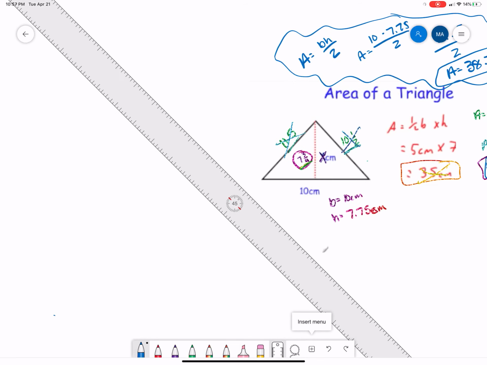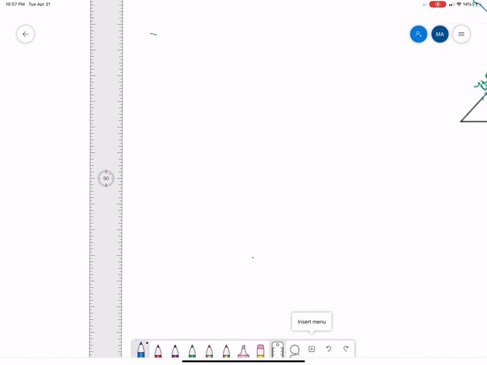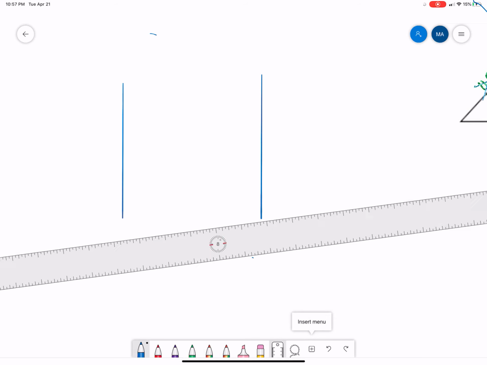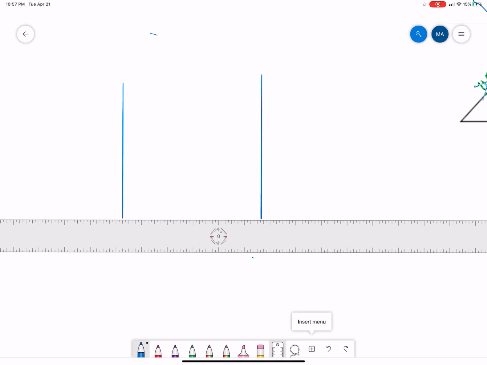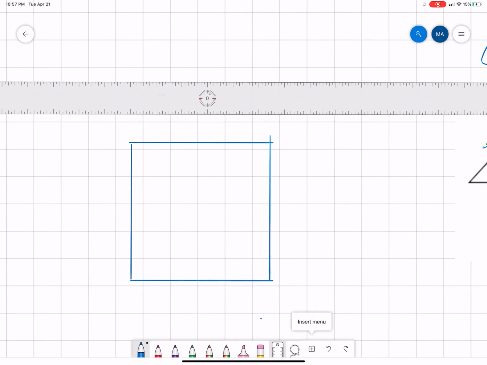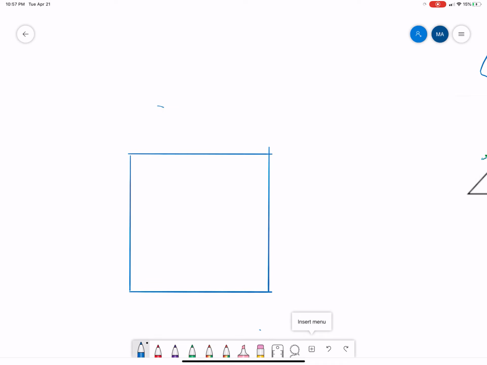The glorious thing of a computer is a ruler. It gives me a straight line. That might not be perfect, but it's better than it would be. Okay, so that's pretty close to a square. I think a lot of you will agree that's pretty close to a square.